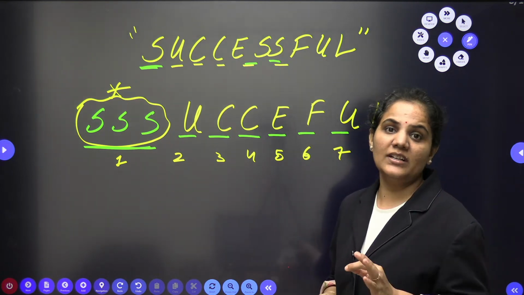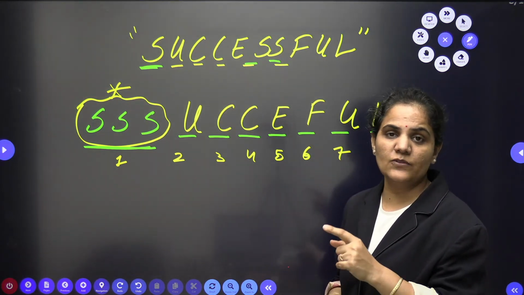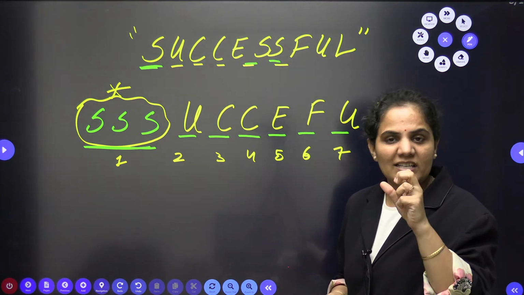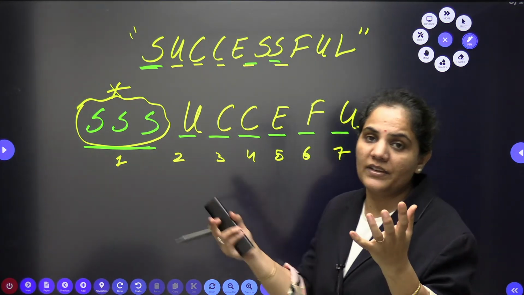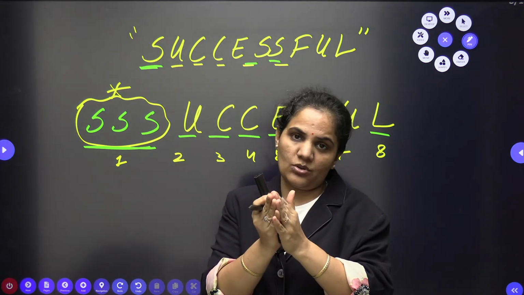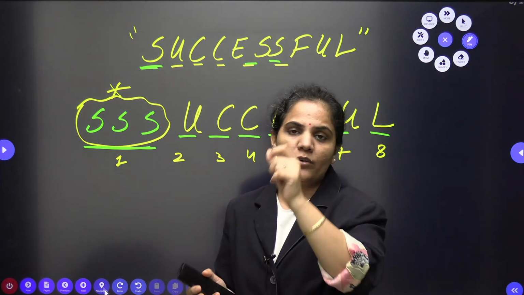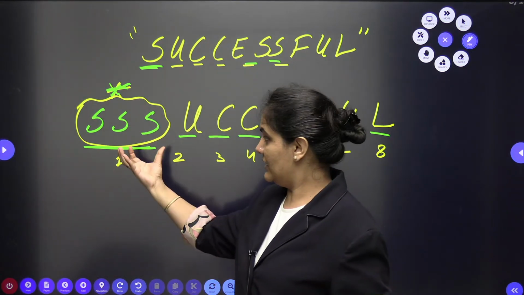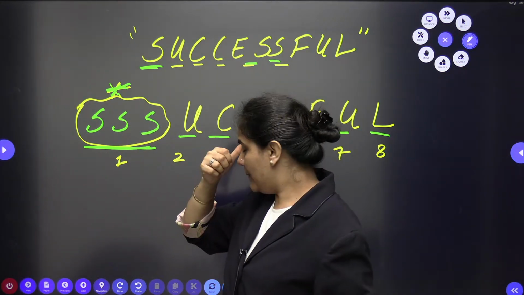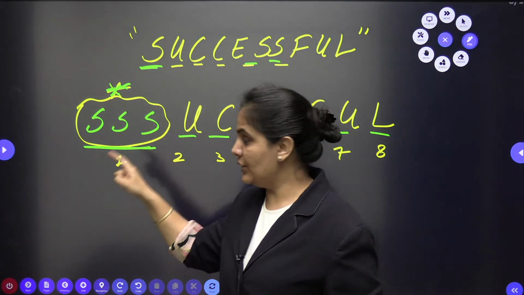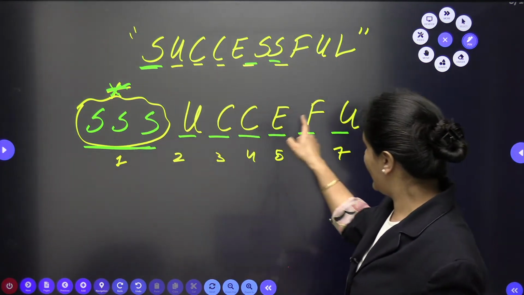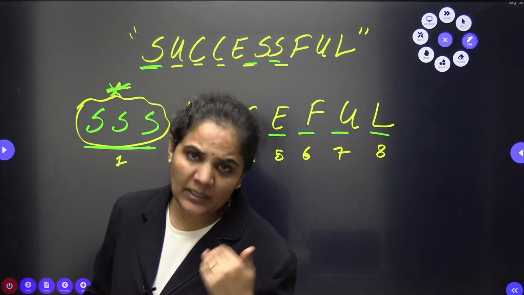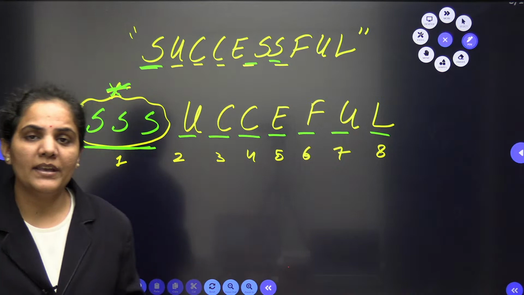But as mentioned in the question, in this word successful, all the S must be together. So we can write down all the S together and make a bundle of those S. Wherever they go, they go together, so now we will count this as one quantity only. So 1 2 3 4 5 6 7 8 things, or 8 letters, we are having, and 8 places. We need to make the arrangement.